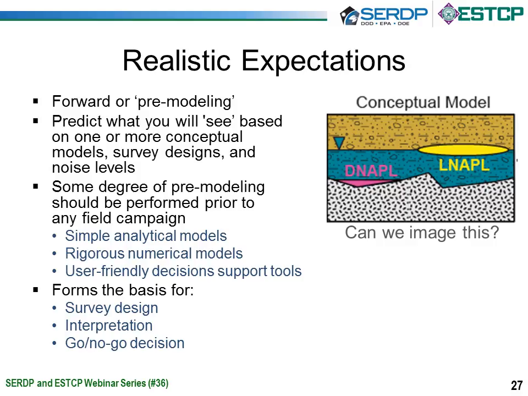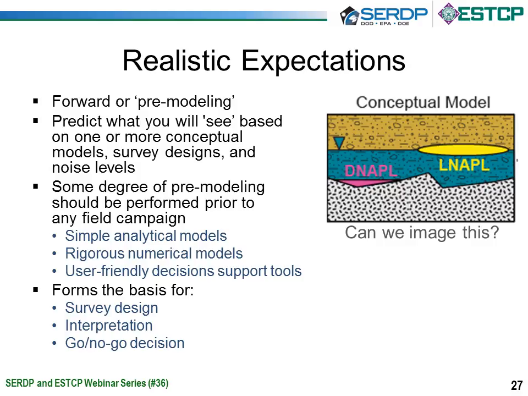So we want to predict what we will see based on a conceptual model. If we know we're looking to target a specific, let's say, contaminant, for example, we should have a conceptual model. Here we've developed a simple conceptual model, probably not realistic, just as an example. We've got some geology, we've got an LNAPL, we've got a DNAPL, and the question is, can we see this?